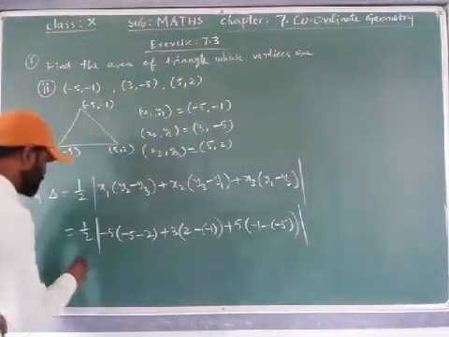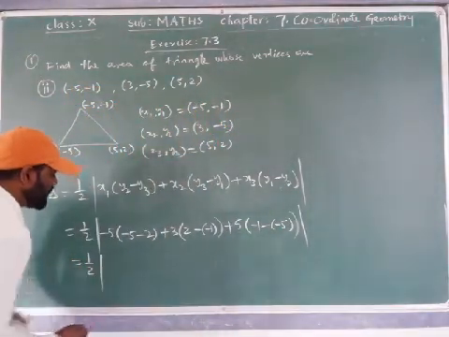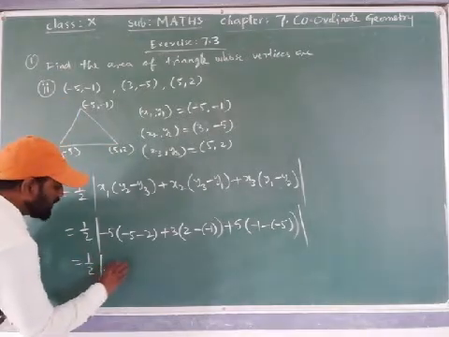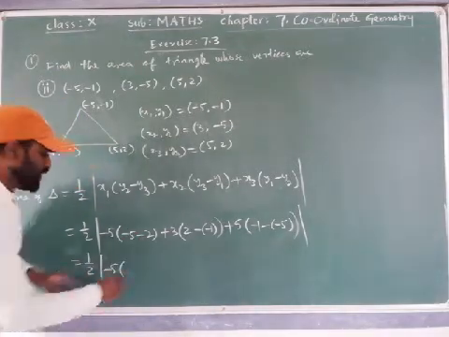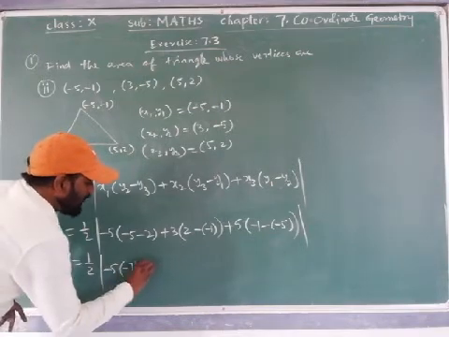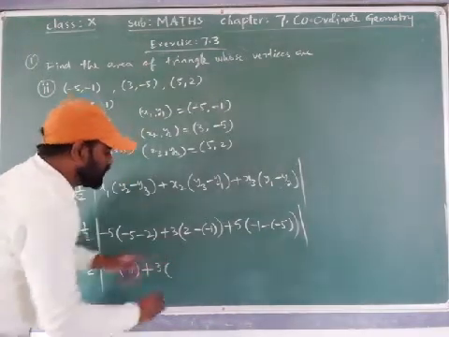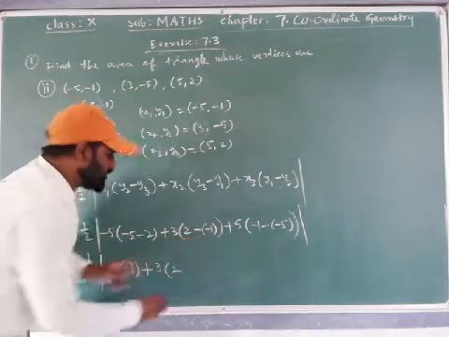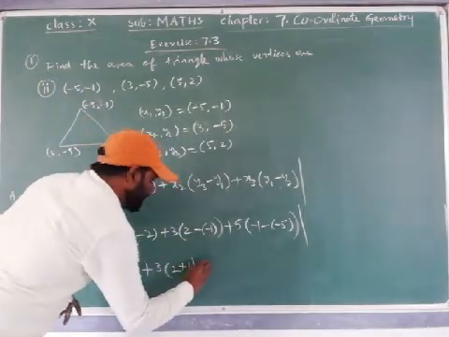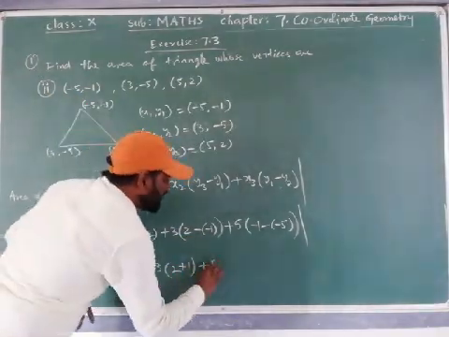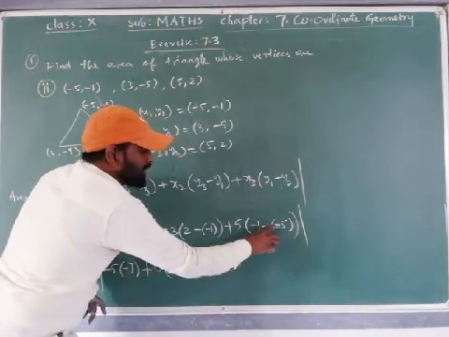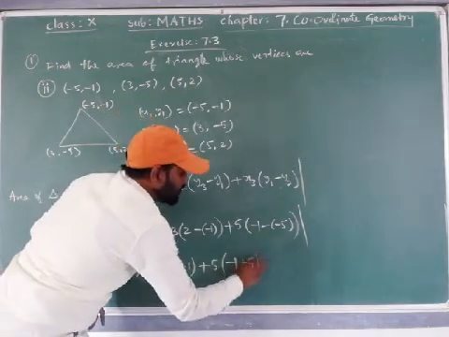Right? Close. Now 1 by 2 in the modulus: minus 5 into minus 5 minus 2, it is minus 7, plus 3 into 2 minus minus it is plus 1, again plus 5 into minus 1 minus minus it is plus 5.